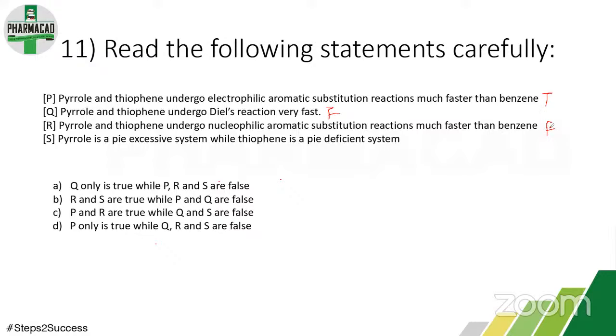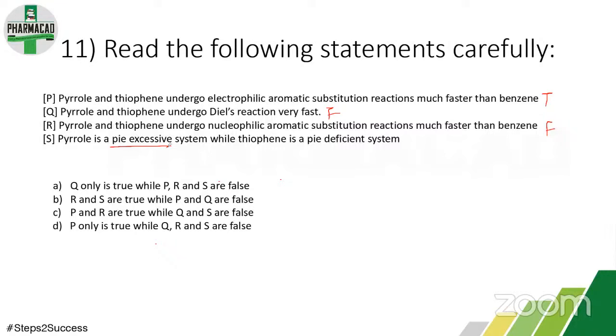Fourth statement, pyrrole is a pi-excessive system while thiophene is a pi-deficient system. Now, what is pi excessive? Pi excessive is a 5-membered ring with an electronegative heteroatom. So it applies to thiophene, pyrrole, as well as furan, because all of these three are 5-membered heterocycles with an electronegative heteroatom, that is nitrogen, sulfur, and oxygen, which are electron rich compared to benzene.